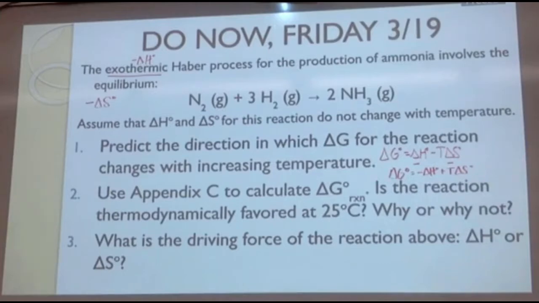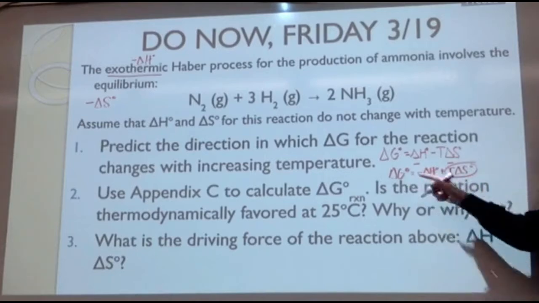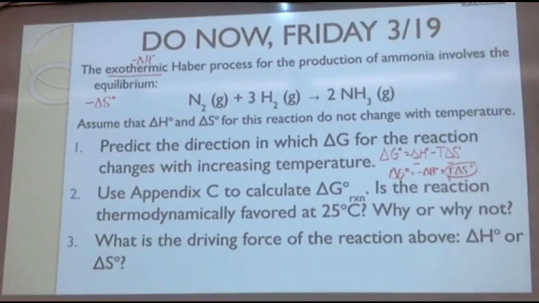We are focusing on increasing temperature. So this value of T is getting larger and larger. Eventually, this T times delta S quantity is going to be larger than delta H. And when T times delta S becomes larger than delta H, what's going to happen to our sign of delta G? It's going to be positive.